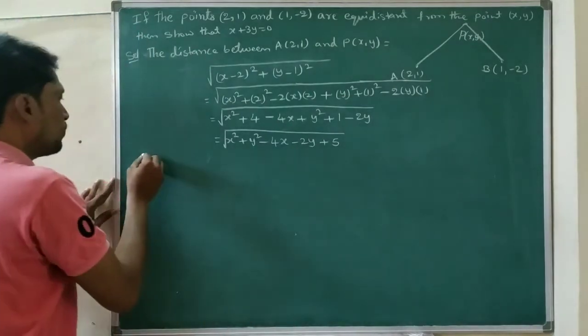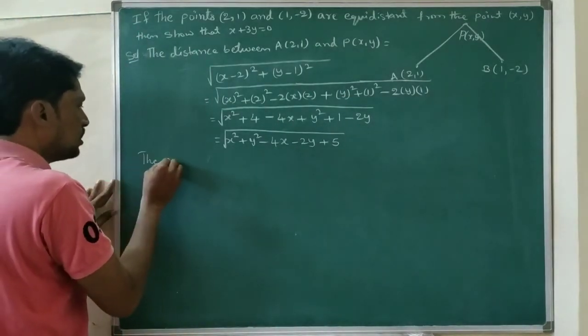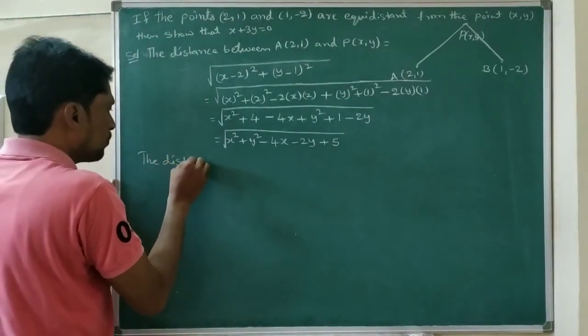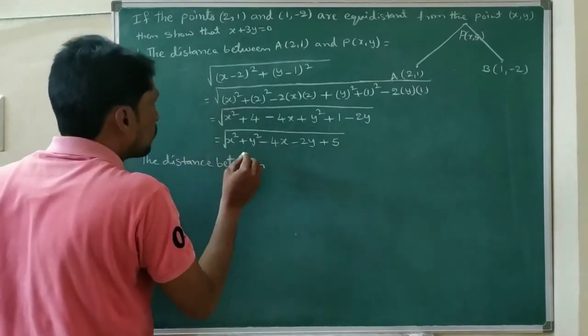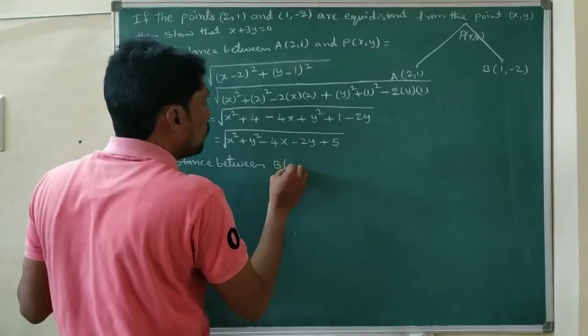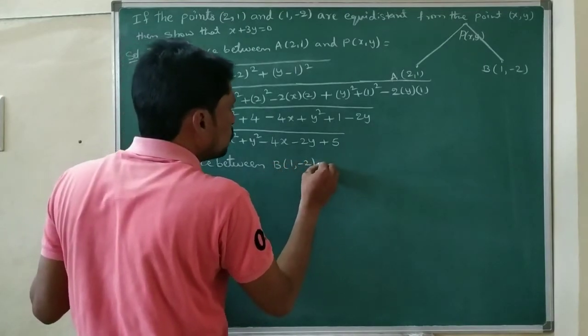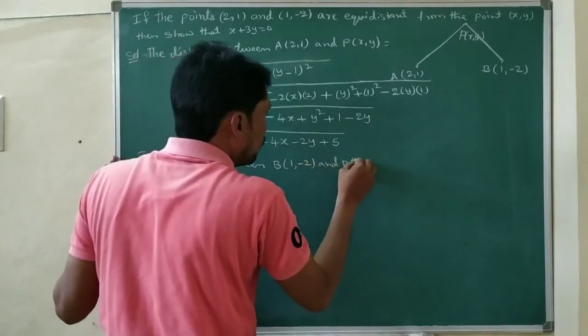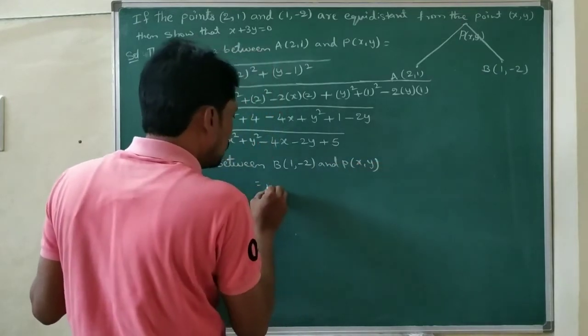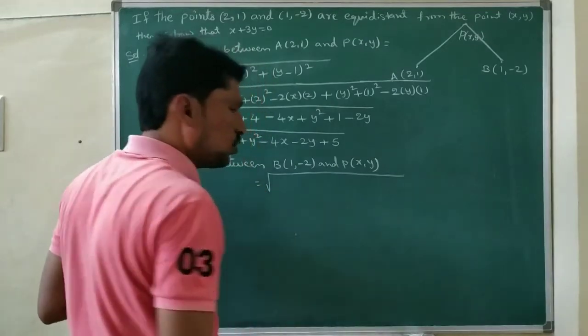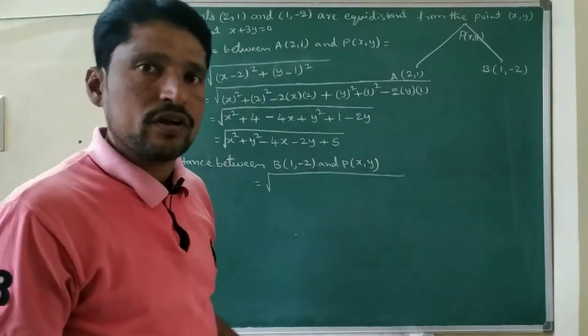So write down the distance between B(1, -2) and P(x, y), equal to under root, (x2 minus x1) whole square plus (y2 minus y1) whole square.